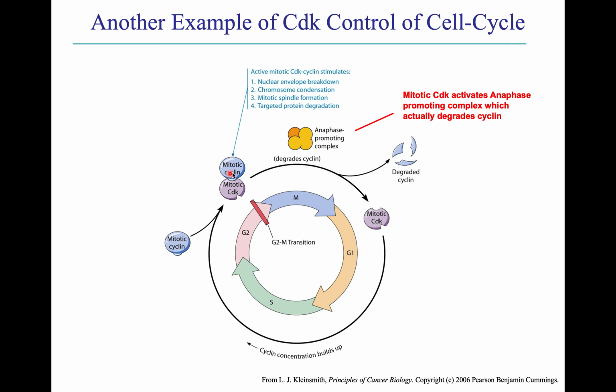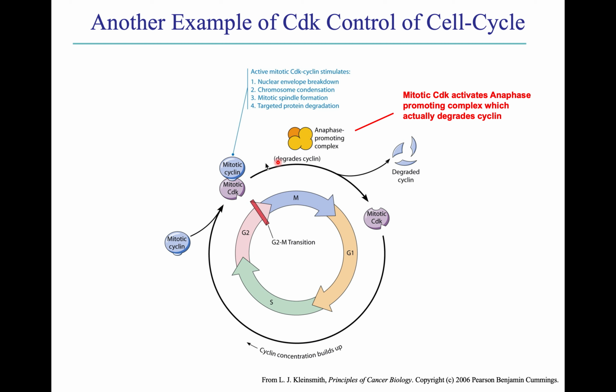And so the basic idea here is in cells, typically you'll find CDK, part of the cyclin CDK combo, almost always present in most cells. So it's always there, but the cyclin portion will kind of come and go.